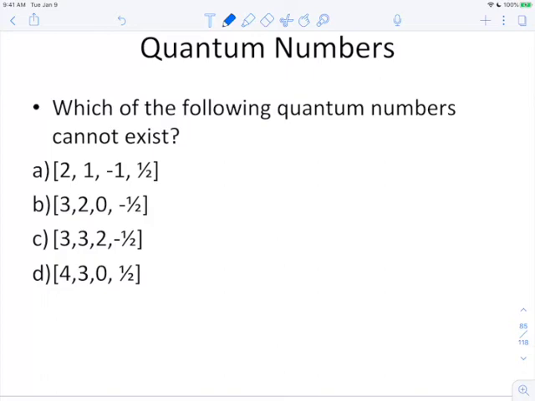All right, so we have one vote for C already. And now we have a vote for B coming through.